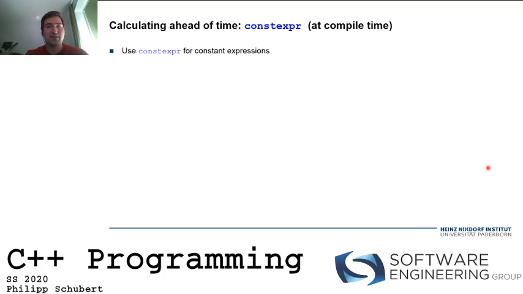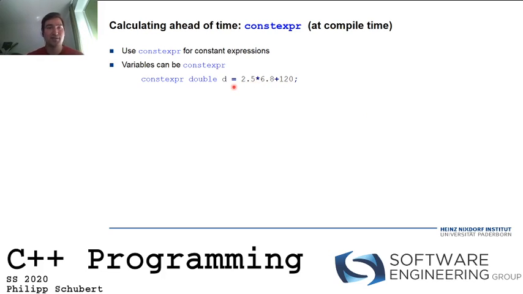So use the constexpr keyword for constant expressions. Variables, for instance, can be qualified as constexpr variables. Here's an example. So you have a constexpr double variable by the name of d, and on the right hand side you have some expression. But here all the operands of that expression are known.